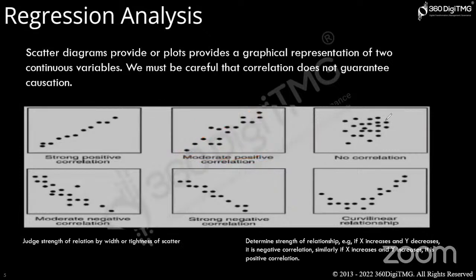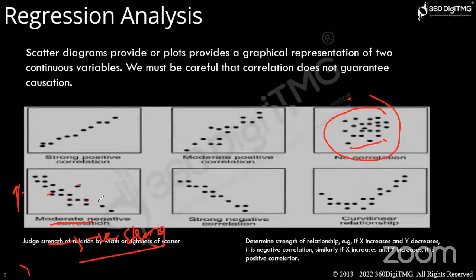Here we don't have any correlation. Here, whenever you are increasing the x, y is decreasing. In this case, we can call it a negative strong relation.